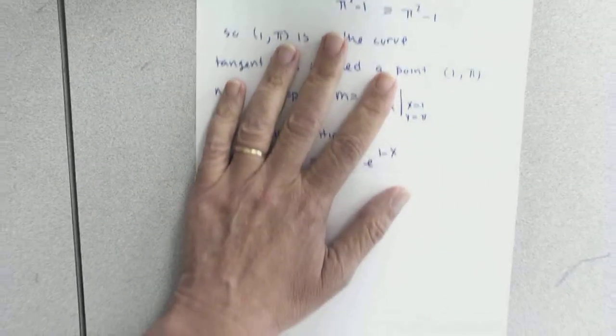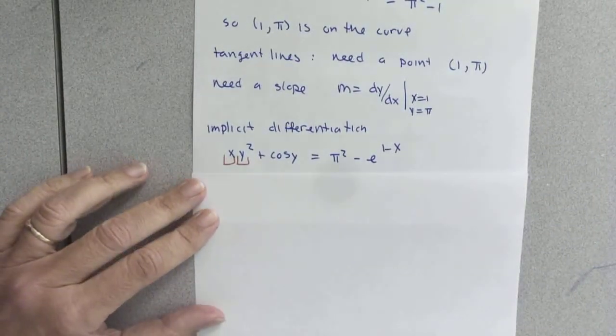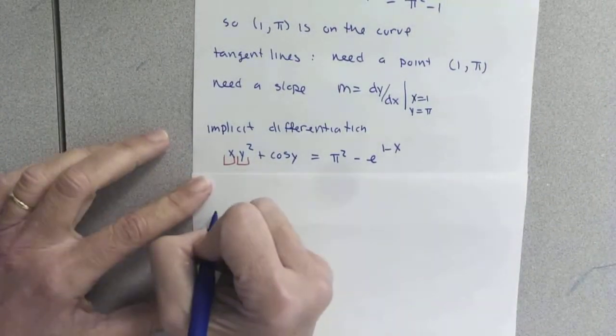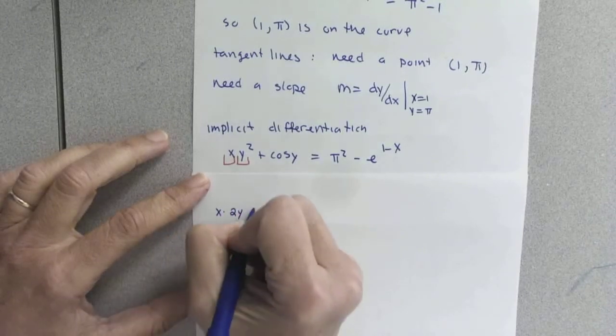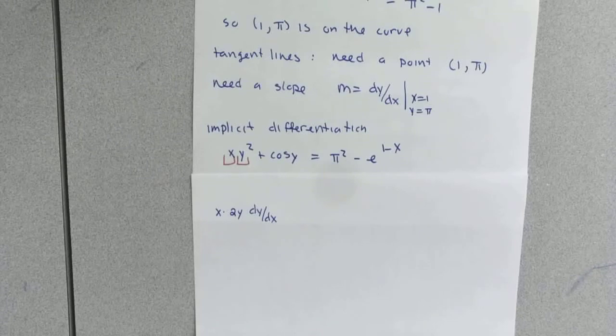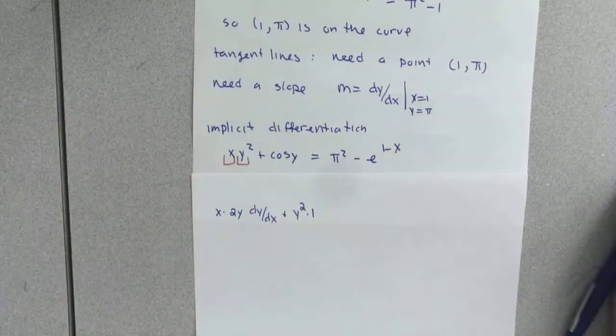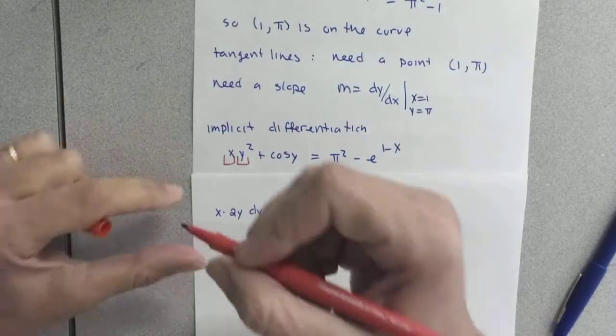They just don't recognize they have a product, and so they miss it. So a product rule here. Leave the first alone, derivative of the second, but I just differentiated a y, so I follow it by dy dx, plus leave the second alone, derivative of the first. Product rule.